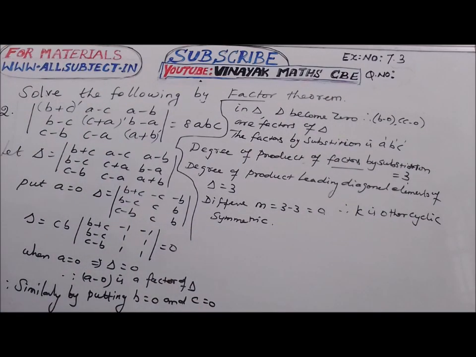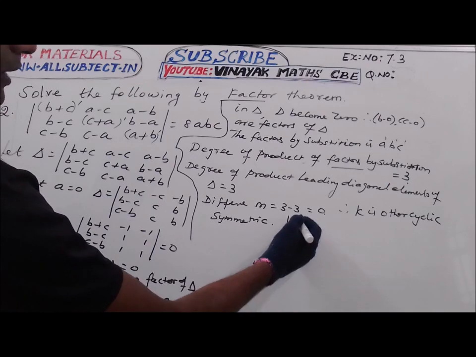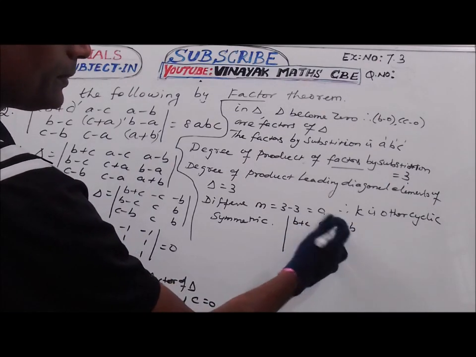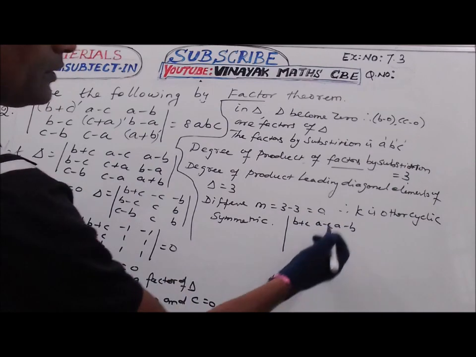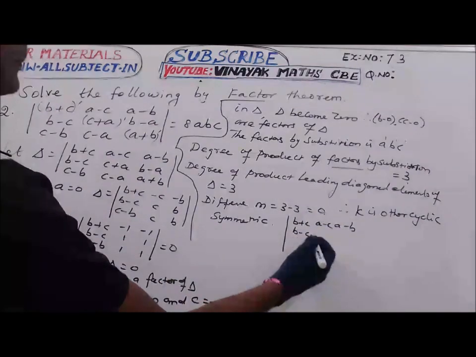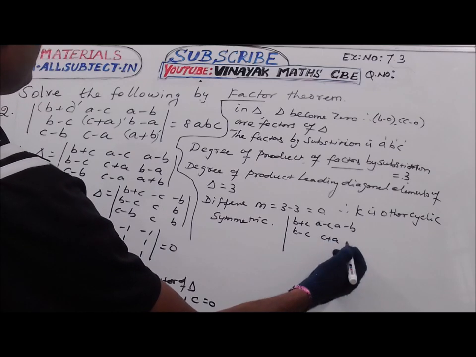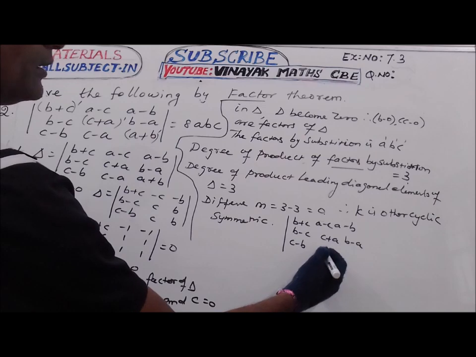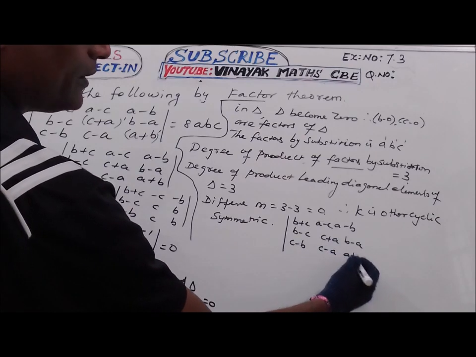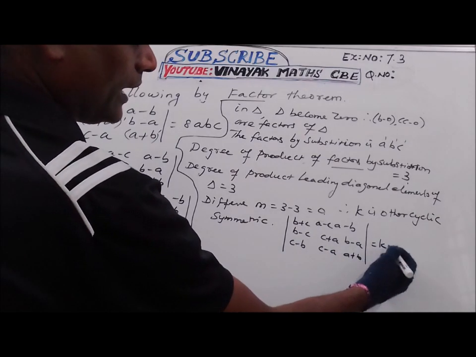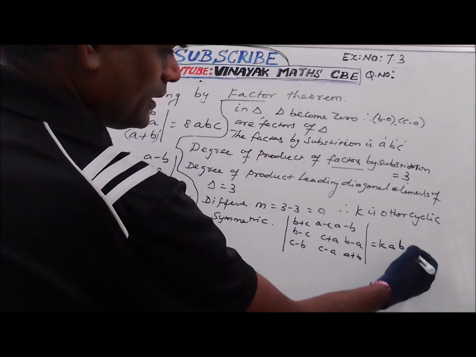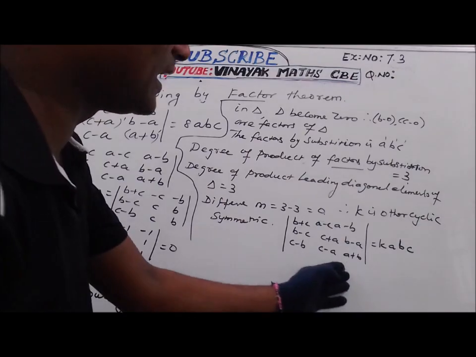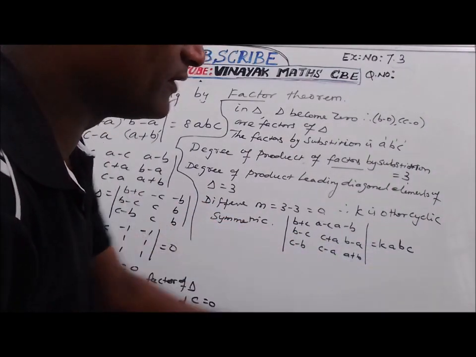Therefore, the total determinant with rows B plus C, A minus C, A minus B, and B minus C, C plus A, B minus A, and C minus B, C minus A, A plus B will be equal to K into A into B into C. Now to find the value of K, we can substitute any value, but the K should not vanish.